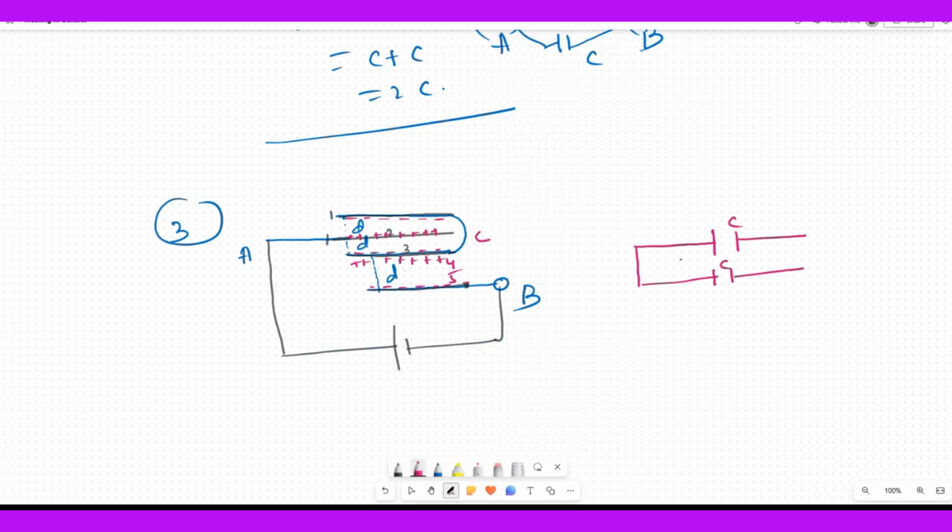This one C, this one C. Because this is positive, negative, one capacitor is formed this way, the other one formed this way. They must be in parallel combination. This point is A, and this point we have taken C. Between C and B, one capacitor is formed. Between C and B, another capacitor is there. So this is the problem. The battery was in this manner. It has distributed charges coming this way.